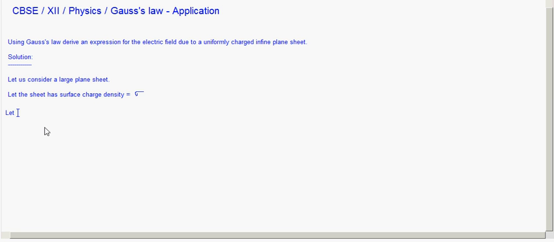Electric field is to be obtained at point P. We need to find electric field intensity at point P, which is at a distance r from the sheet.